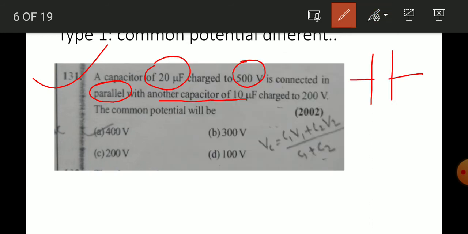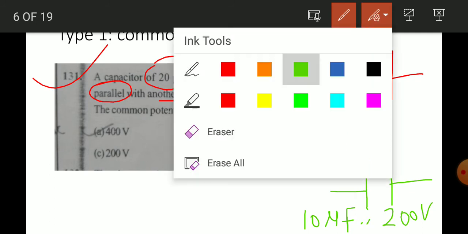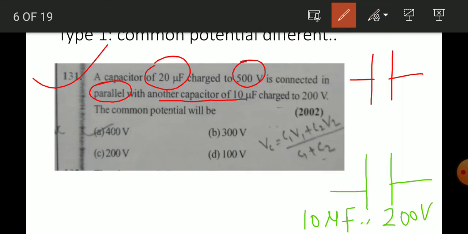So I'm having one more capacitor here, this is 10 microfarad charged up to 200 volt, and the earlier one was of 20 microfarad charged up to 500 volt. Let me write it here. I hope it is visible on the screen.